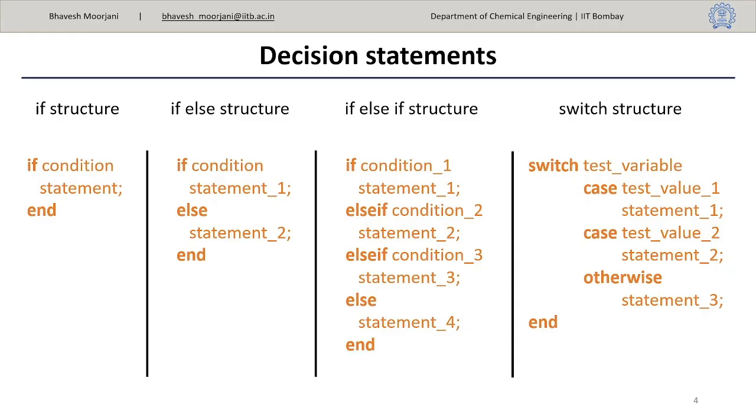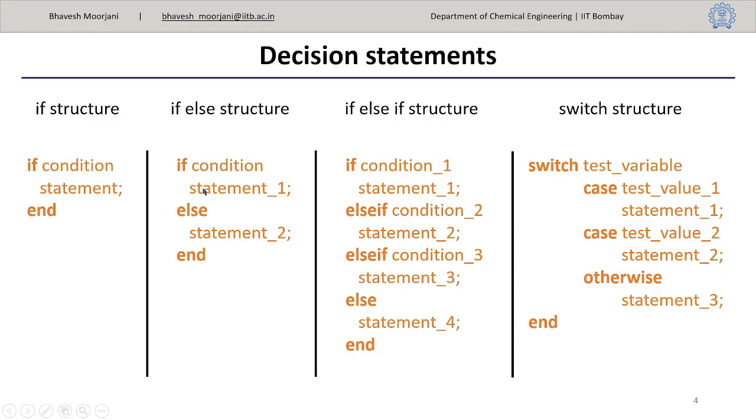But let's say you have multiple conditions in your system. Maybe you are studying fluid flow, where you have a laminar region, a turbulent region, and a transient region in between. Then you have multiple conditions, and based on them you might have to execute certain parts of code. That's why the if-else structure is used.